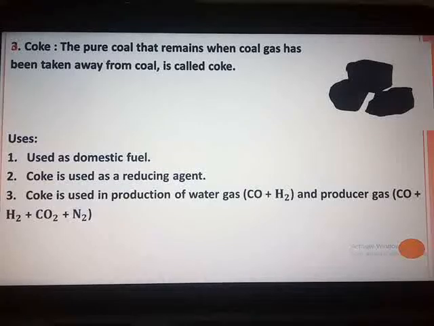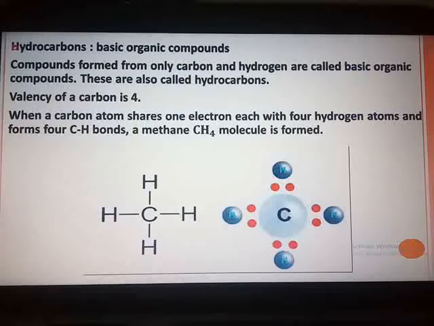Our next topic is very important from the 10th standard syllabus point of view. Hydrocarbons, which are known as the basic organic compounds. In the very beginning, I have told you that compounds which are directly or indirectly obtained from the plants and animals, they are called as organic compounds.